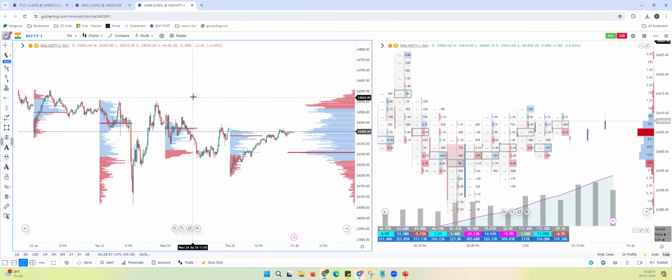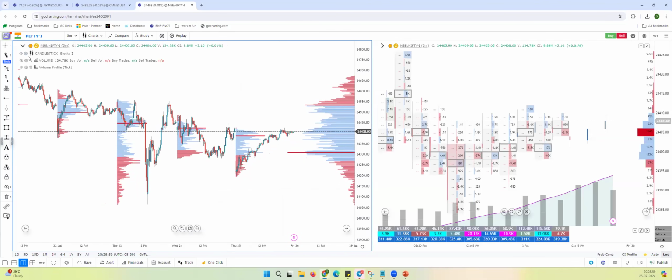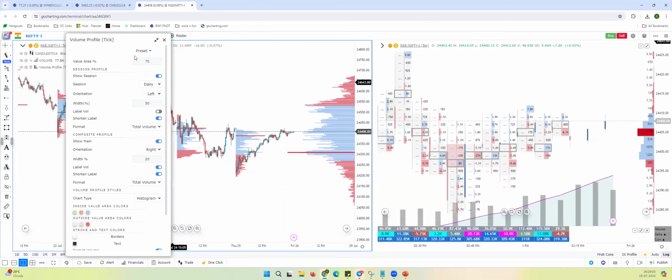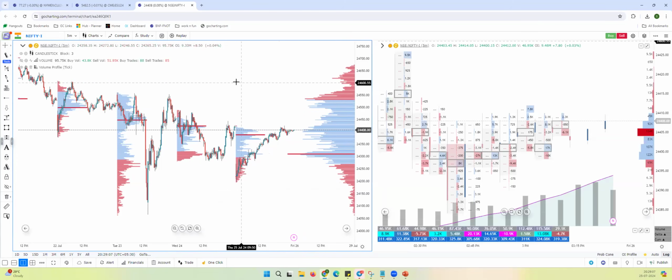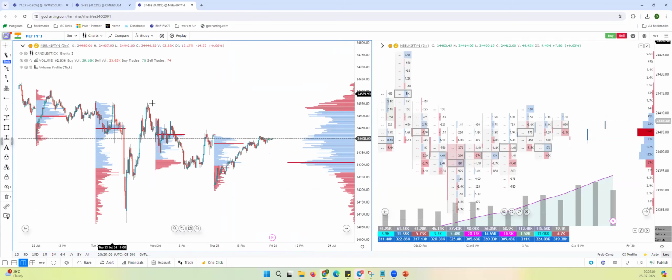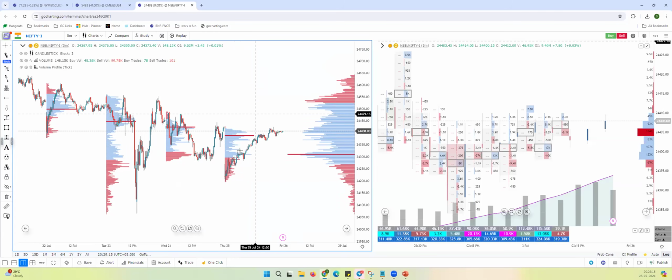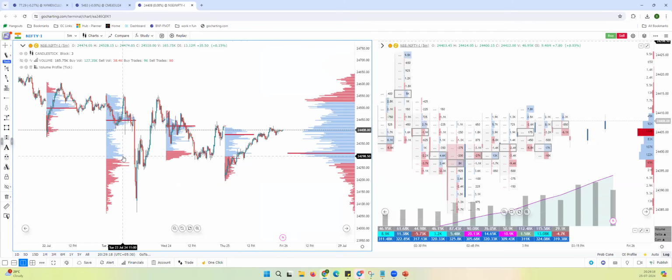How to set this up quickly is basically a couple of things. Value area 70%: value area is a concept of where most of the value is lying. When I say 70%, it means 70% of the trading has happened in this region, and it is color coded differently. It's a market profile, volume profile concept.